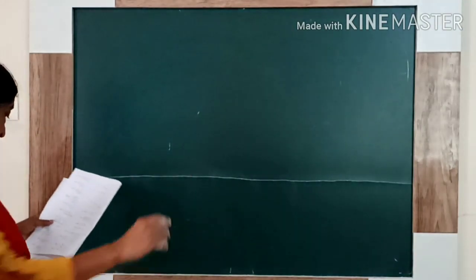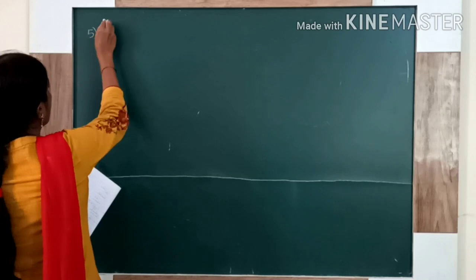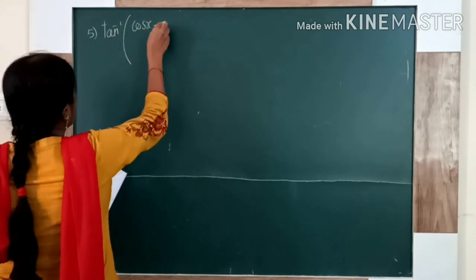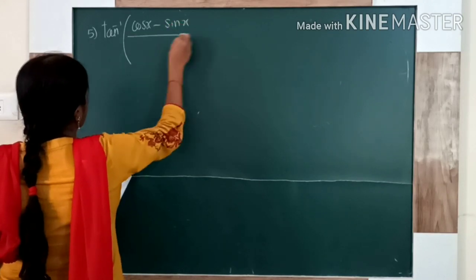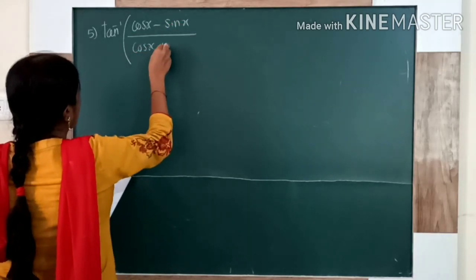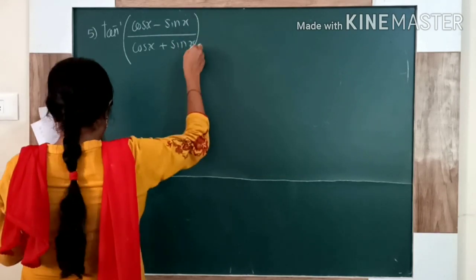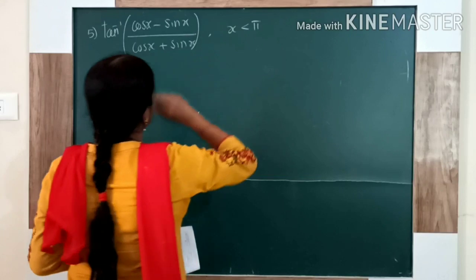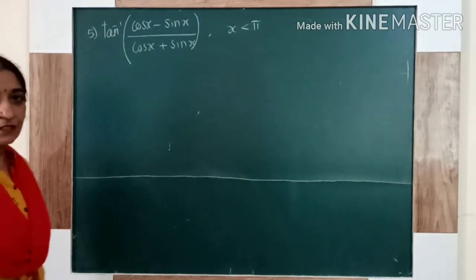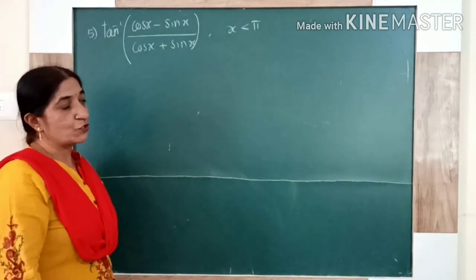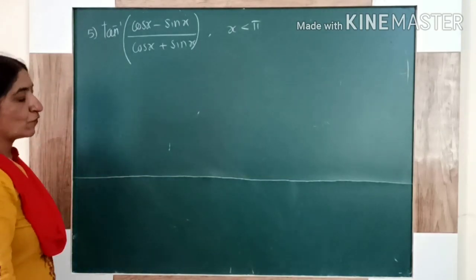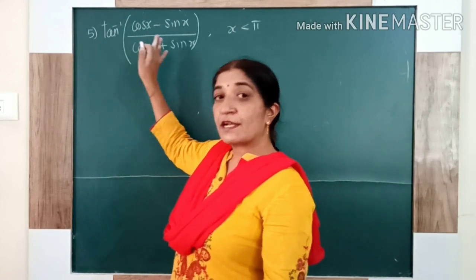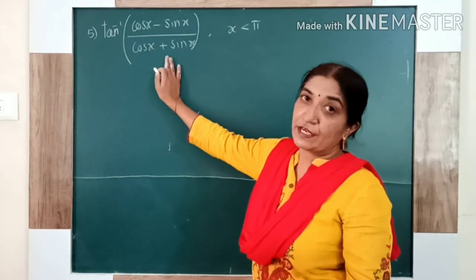The next one, tan inverse of cos x minus sin x upon cos x plus sin x. So here also we have no need to apply the substitution because it is directly given in the form of cos and sin. But one thing is, outside we have tan inverse, which means convert the bracket in the form of tan.